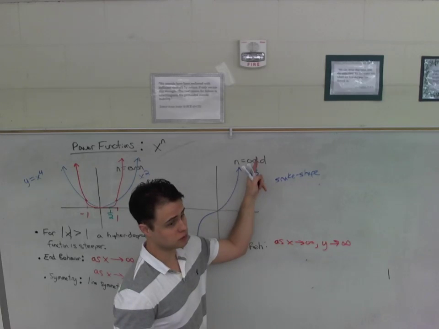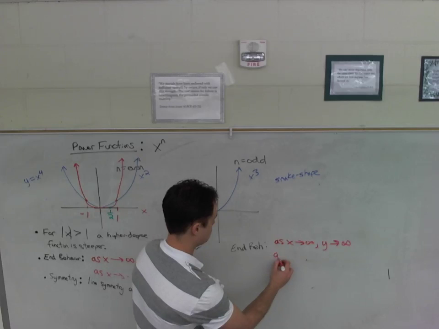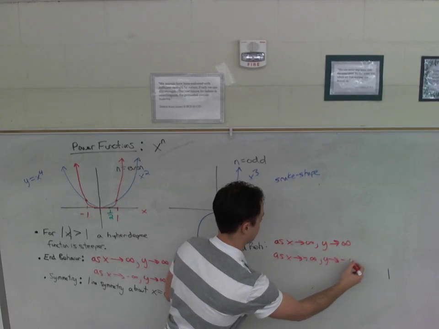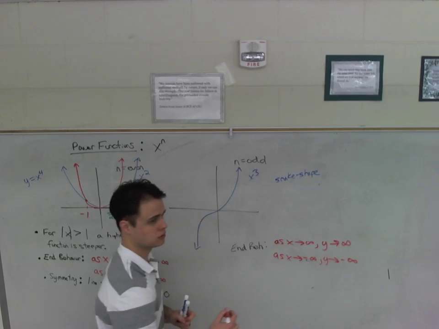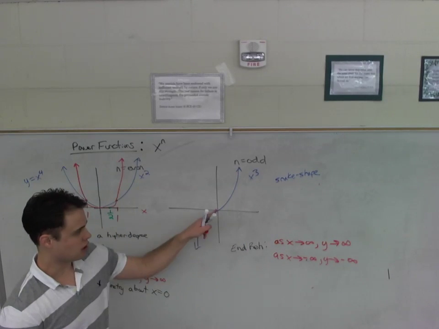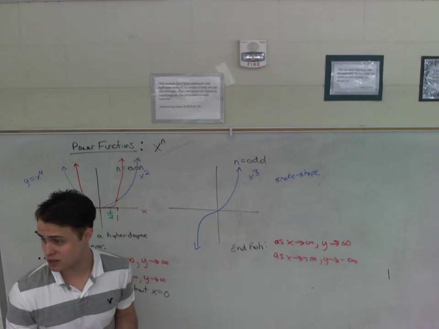Ride this way on the curve, going up. As x approaches negative infinity, y approaches negative infinity. As we go this way, it goes down. That's how you describe end behavior precisely.